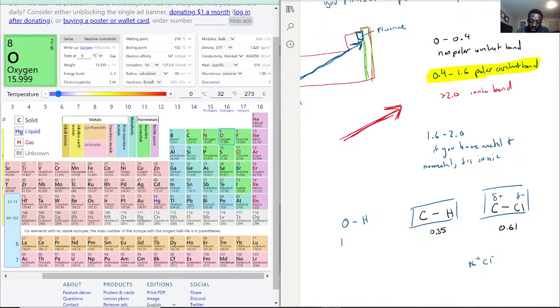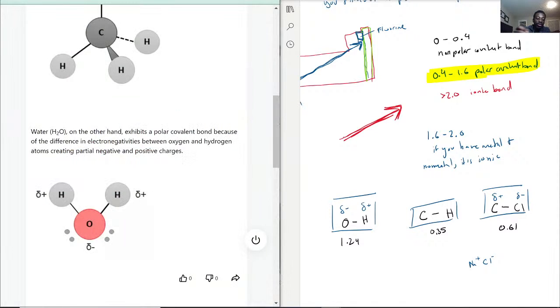So that's a 1.24 difference. Just like how we drew the other one, it's going to be more negative on the oxygen, because it's always more negative toward the atom that's greater in electronegativity, as the name implies. So that's the breakdown of the oxygen-hydrogen bonds in water.